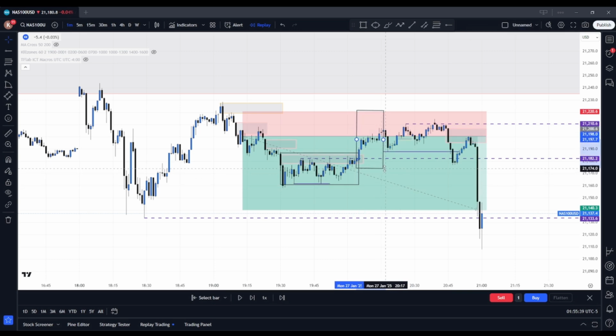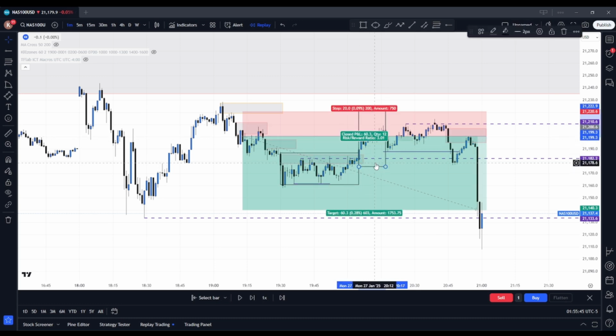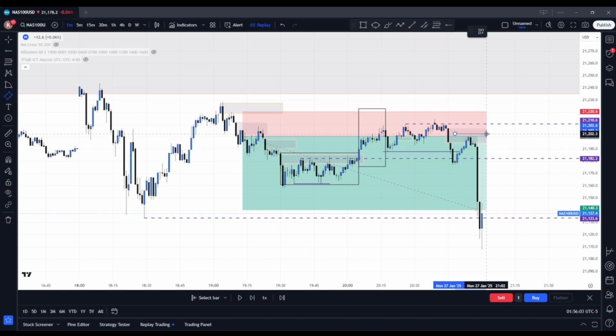Manipulation. Then after a while, remember what I was saying, we was just taking out the highs, never really breaking structure at all, but just taking out the highs, breaking below, or closing below, I mean. Then we see the distribution right here. Obviously. Clear as day.